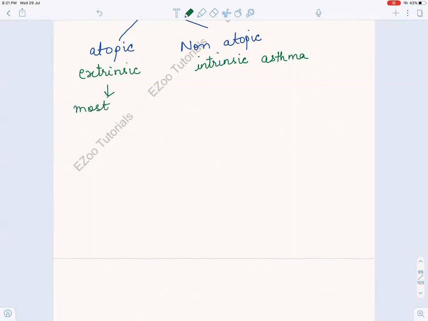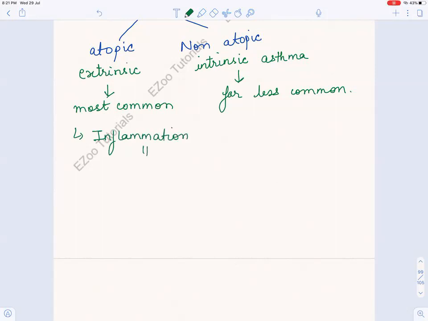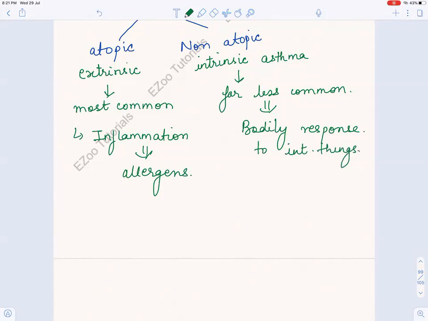This is the most common asthma that we generally see in people, and intrinsic is far less common. In atopic asthma the inflammation is due to some outside allergen, and there is a bodily response to it. So the most common one is atopic or extrinsic.